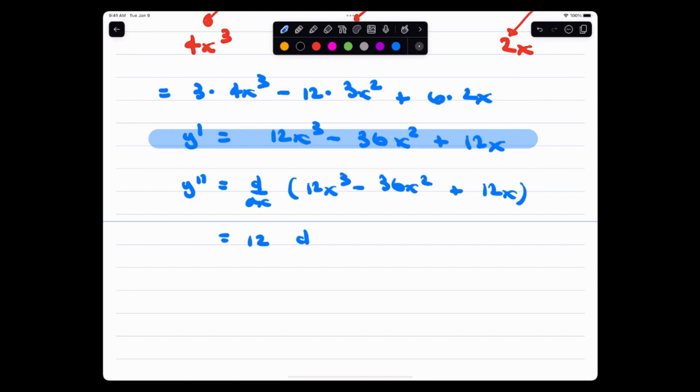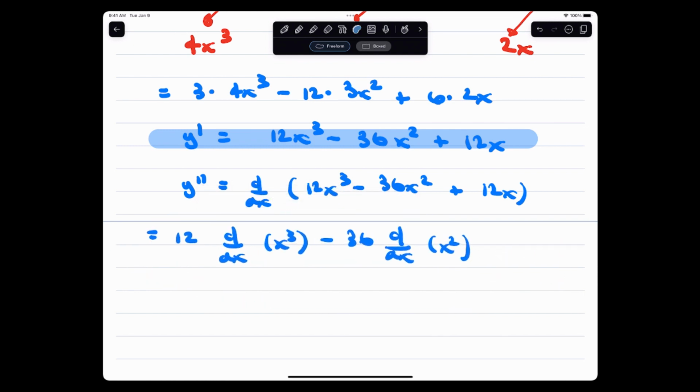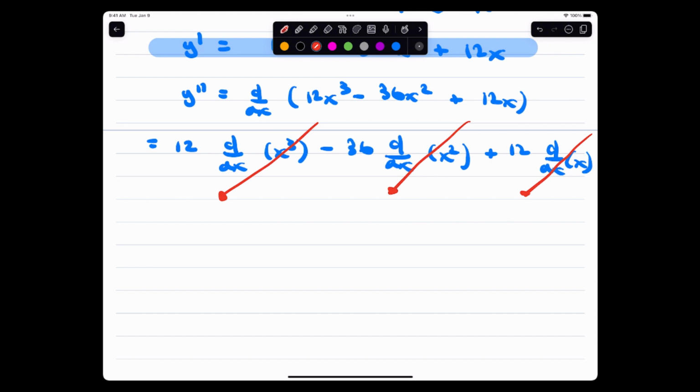So use your properties and let's see what we get now. What's the derivative of x cubed? 3x squared. What's the derivative of x squared?